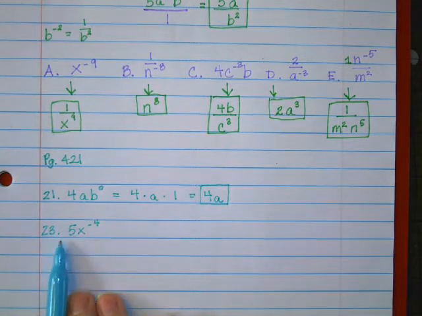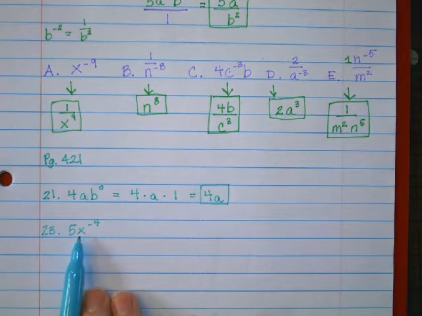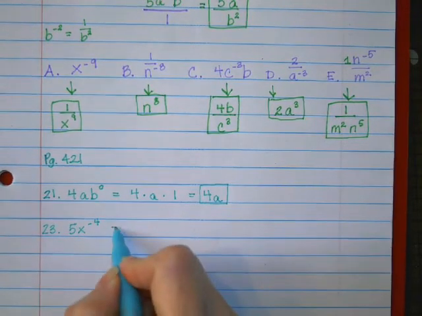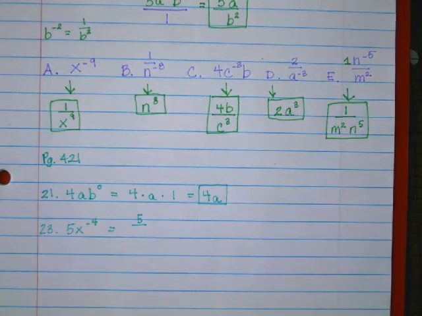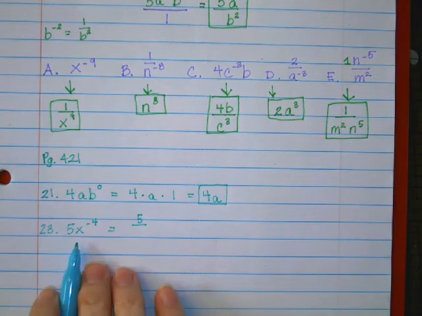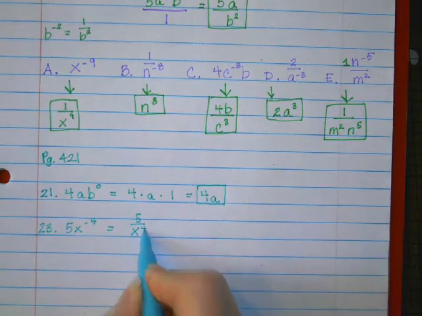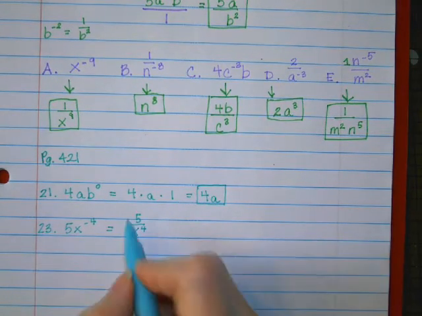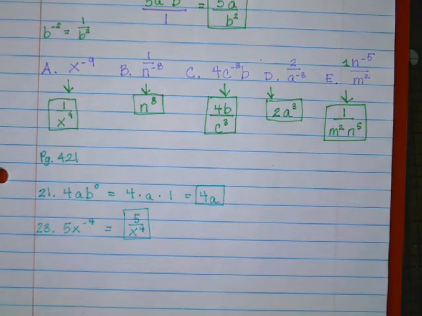If it was, there'd be parentheses around the entire 5x to say it goes to both things. So it's only going to the x. So that means we're going to go ahead and keep the 5 in the numerator right where it belongs. But this x, because it has a negative 4, must move to the denominator to become a positive 4. And then we're going to box this in, and this will be our final answer.